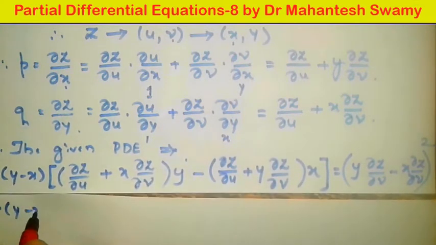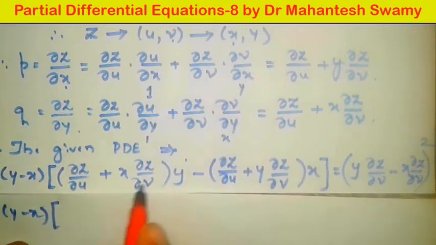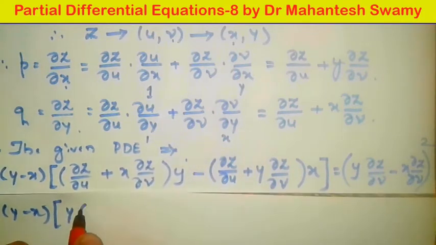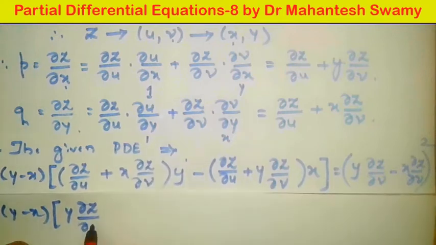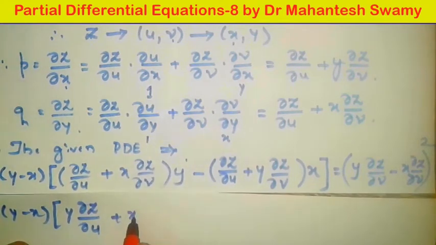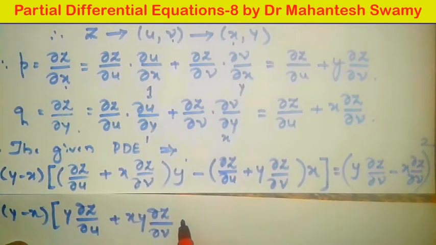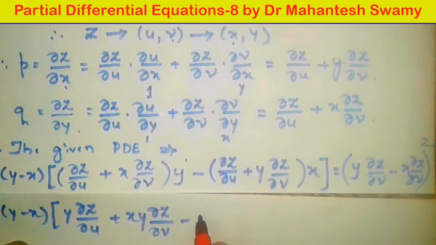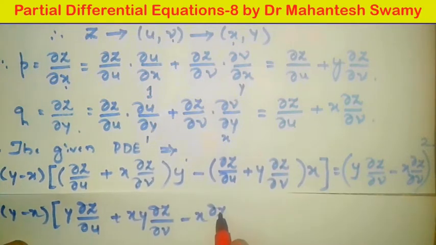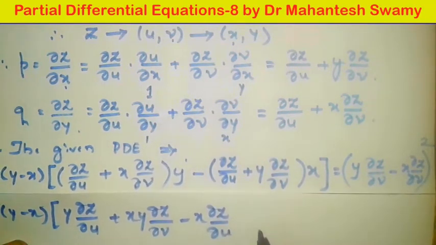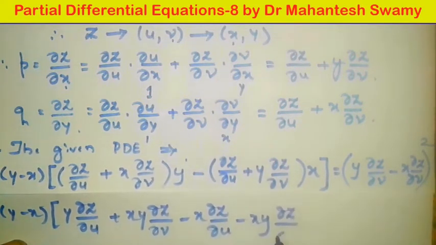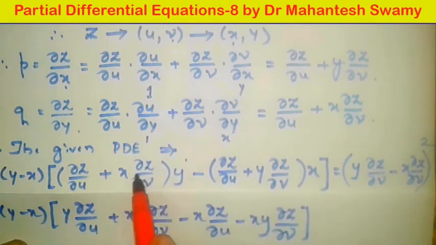That is y minus x, keep as it is outside the bracket, and within the bracket it is y into dou z by dou u plus x into y into dou z by dou v minus x into dou z by dou u minus x into y into dou z by dou v. I hope you understand. It is a very simple thing. This into this, this into this, this into this, this into this with minus sign.